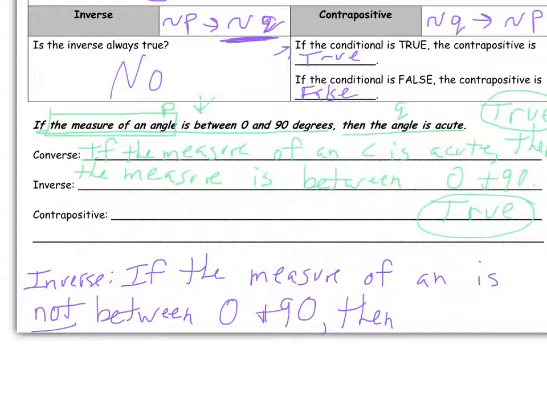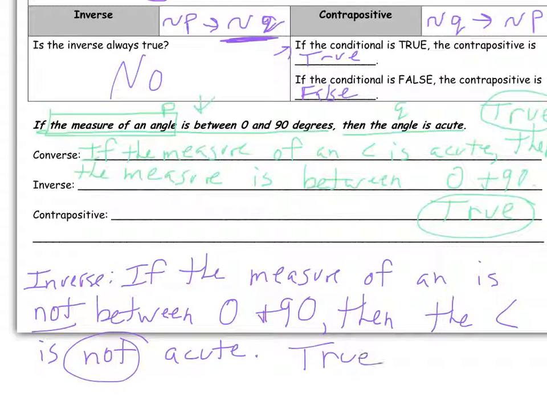Then the angle is not acute. Is that a true statement? Well, if the measure of an angle is not between 0 and 90, then the angle is not acute. That is a true statement.